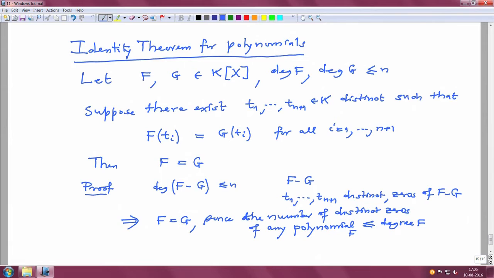In particular, when your field is infinite, what is the immediate consequence of this?